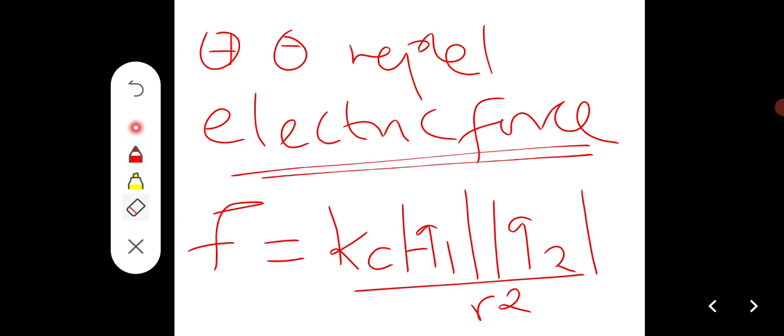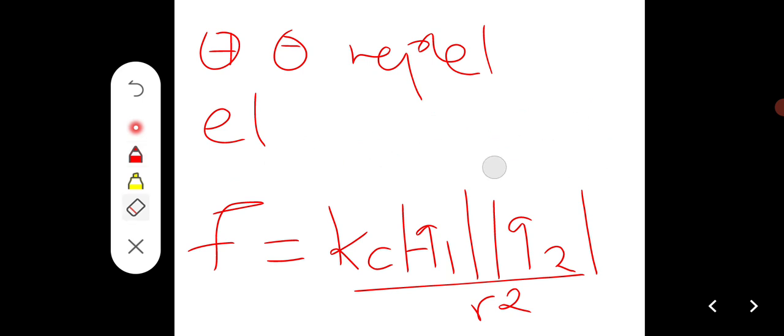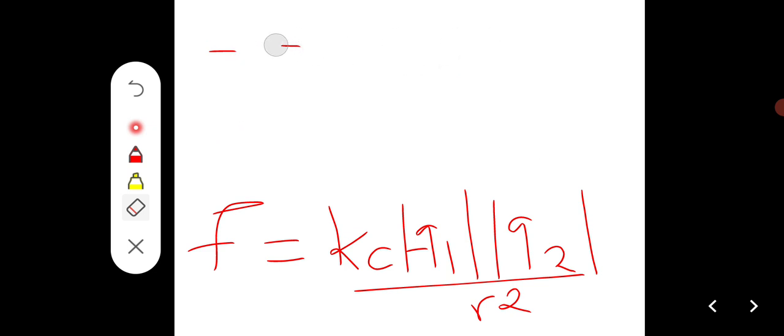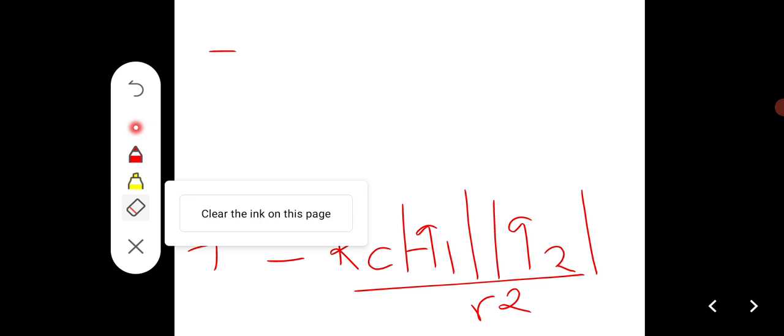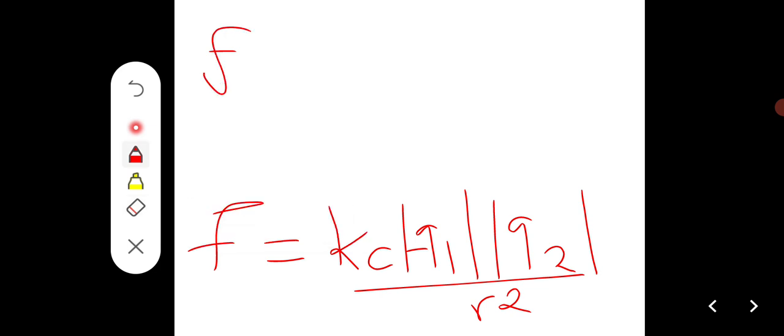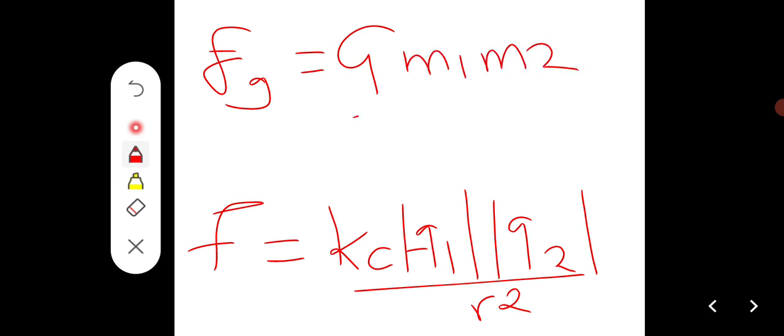This formula is quite similar to Newton's law of universal gravitation, which says that the gravitational force is equal to the gravitational constant multiplied by mass 1, mass 2, then divided by the distance separating the two objects squared.